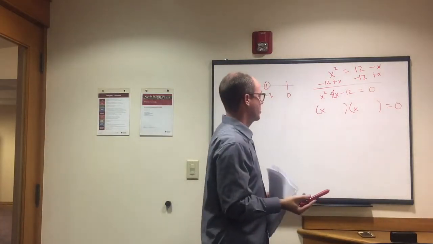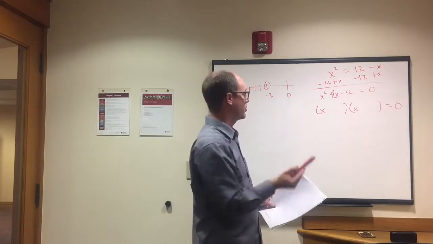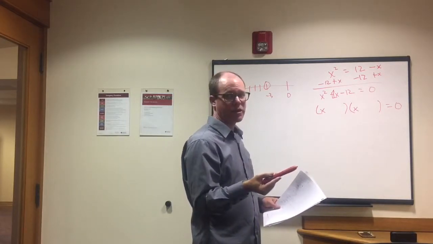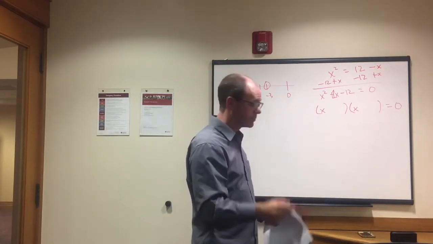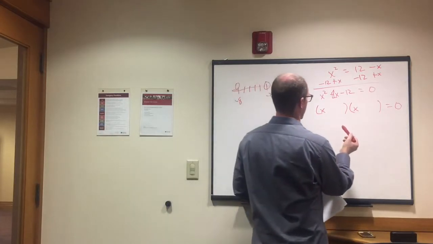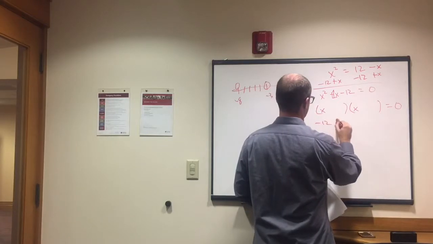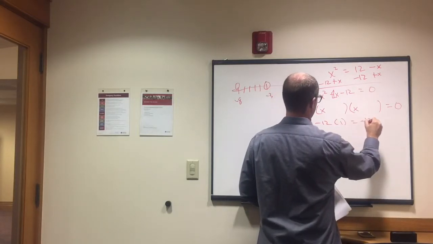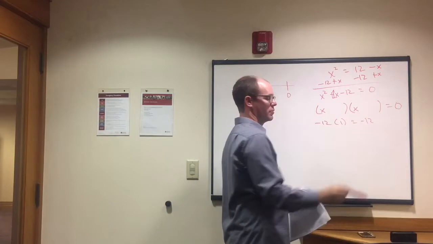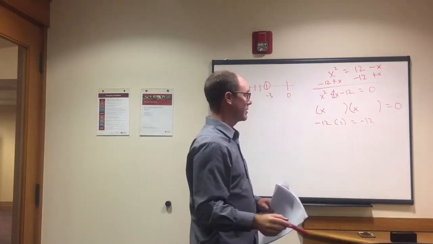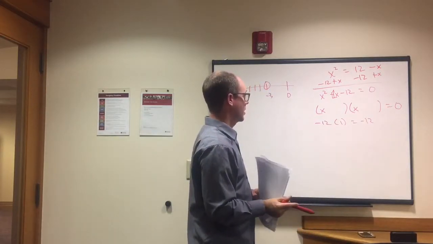So we need to figure out what we can multiply that gets negative 12 and adds to 1, okay? So if it's negative, that means one's going to be negative, one's going to be positive, okay? So what if it was negative 12 times 1, that equals negative 12, but negative 12 plus 1 is negative 11, so that's no good, okay?